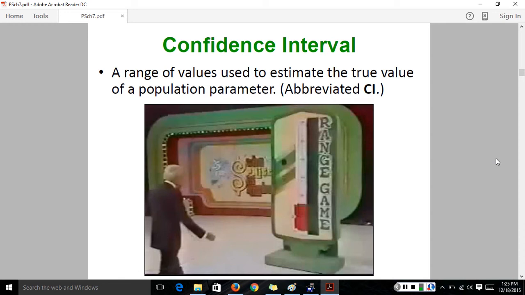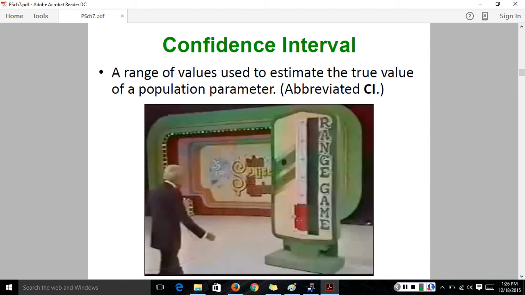This range is called a confidence interval. It's a range of values used to estimate the true value of a population parameter. It's abbreviated CI. And it's kind of like this game on The Price is Right called the range game. In the range game, you have a range that goes along a scale, and the contestant tells the range when to stop by pressing a button.